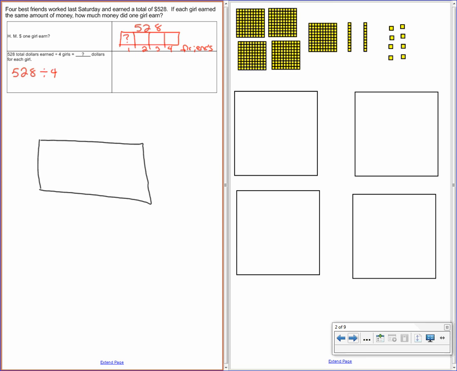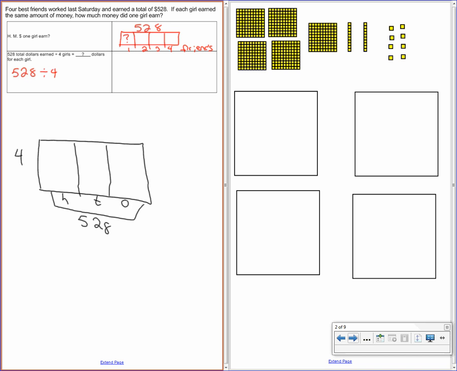It looks like this. This whole big thing right here is worth 528. I can divide that up into some hundreds, some tens, and some ones. And that's being divided by 4 right here.